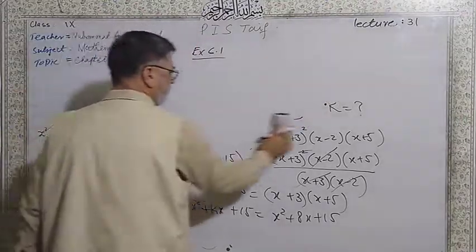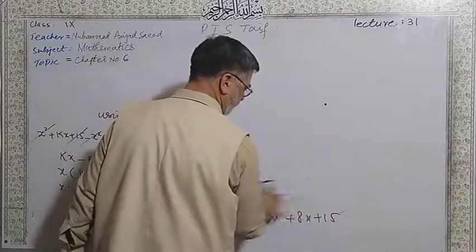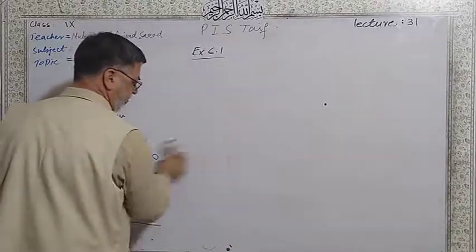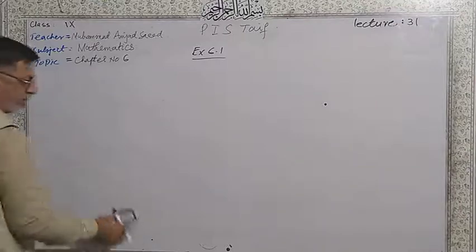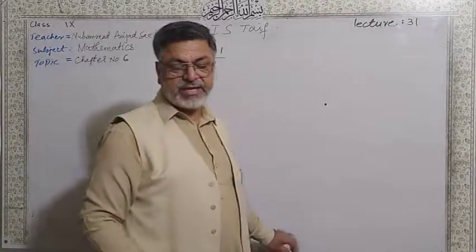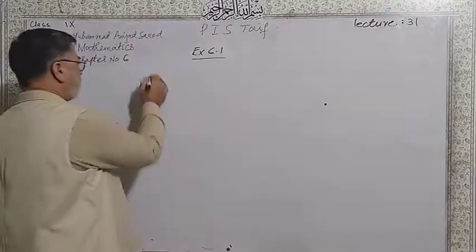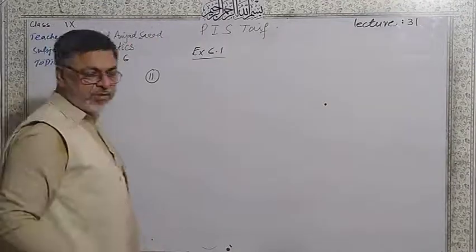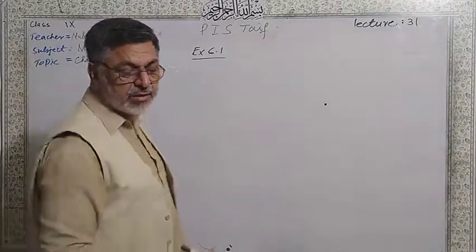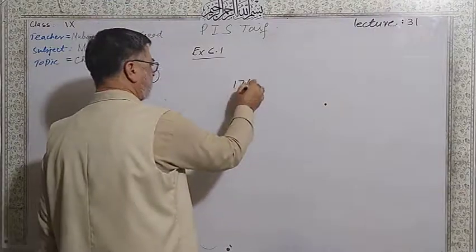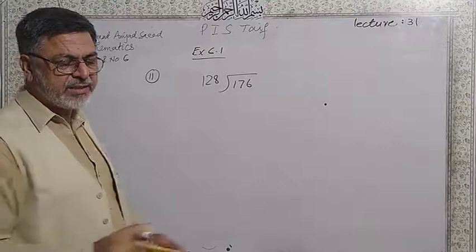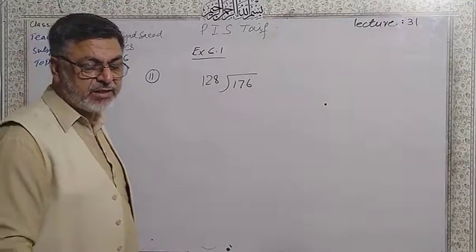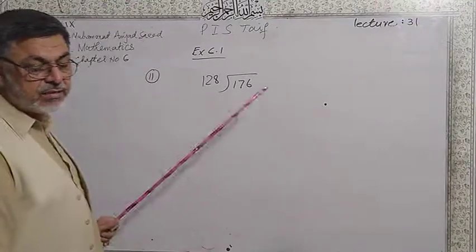So we have this question where we have to find the value of HCF. It can be done directly. 176, 128. Remember that this is the division method of HCF.